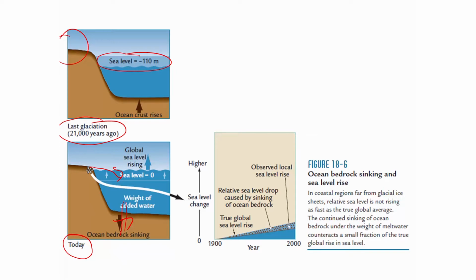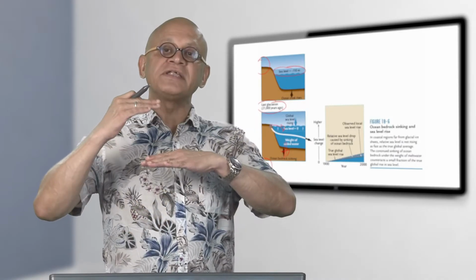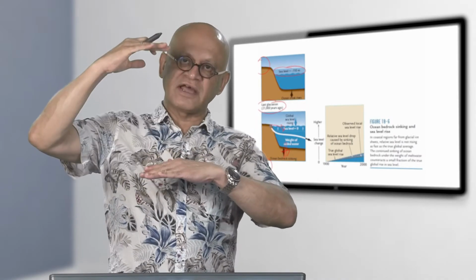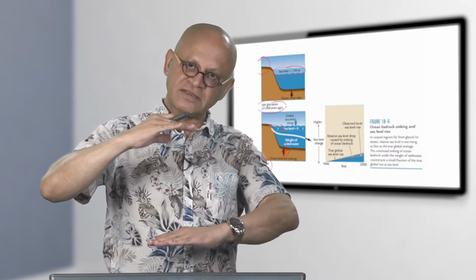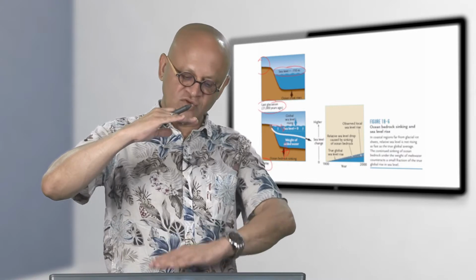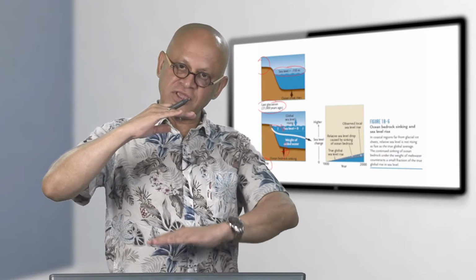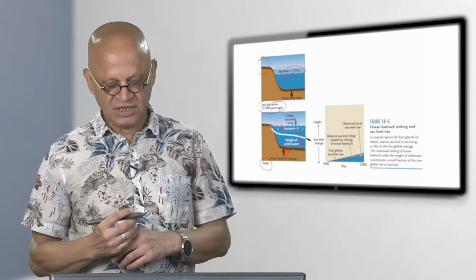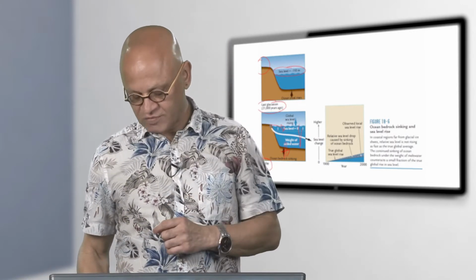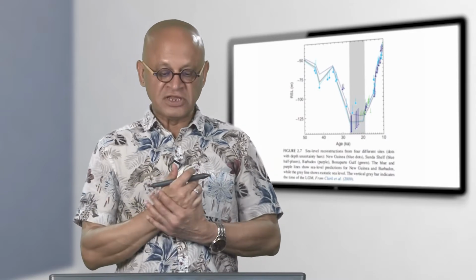So, that means the sea level rise is going to appear less than it is. Sea level is rising, but the ocean floor is sinking. So, the sea level looks like it is not rising as much, but you have to account for the drop in the ocean floor as well to know what the actual sea level rise is. That is something you have to always track, and it is not very easy to do.